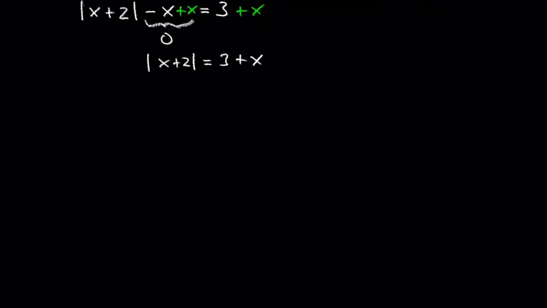There are two expressions inside the absolute value bars that are equal to x plus 2: 3 plus x and the negative of 3 plus x. Let's check that. The absolute value of 3 plus x is 3 plus x. Is this correct? Yes, it is.